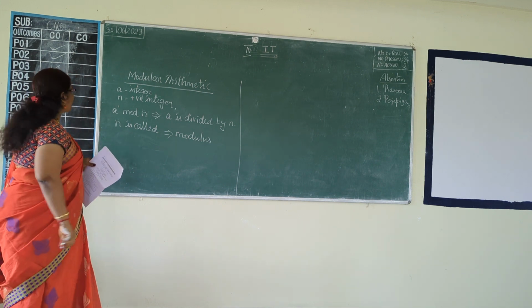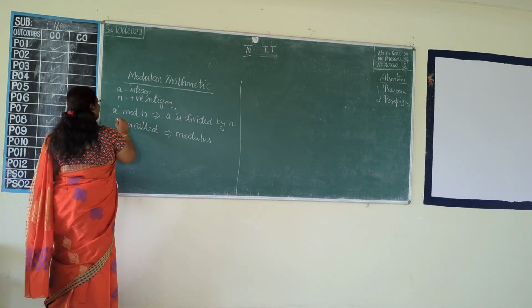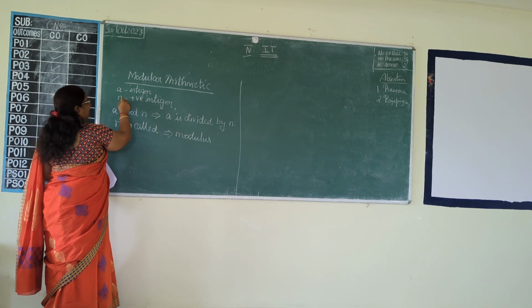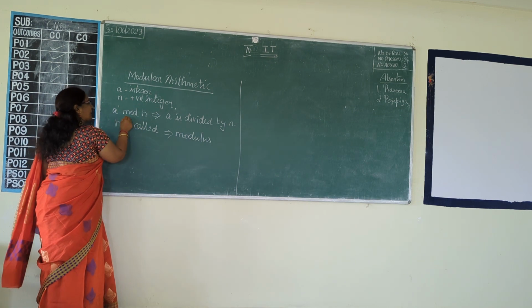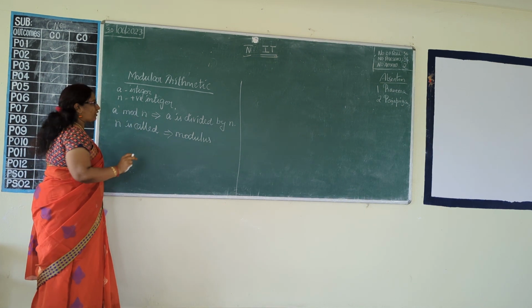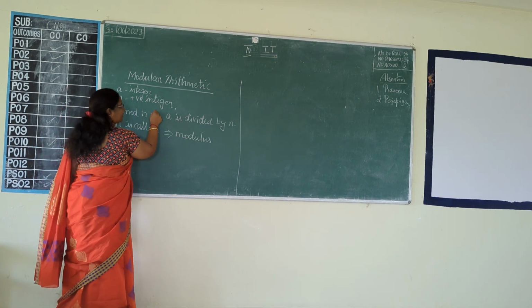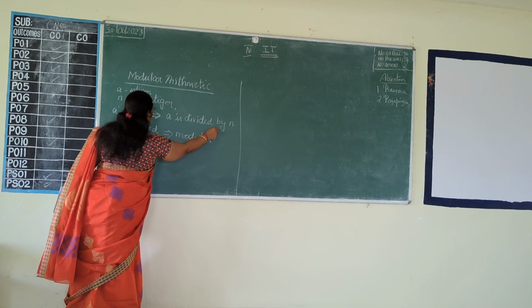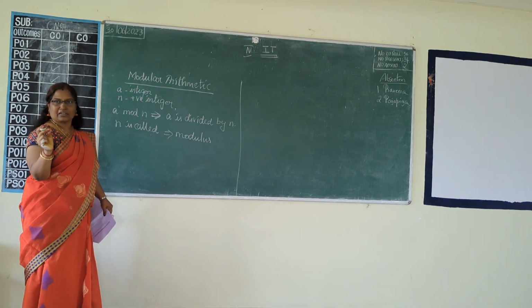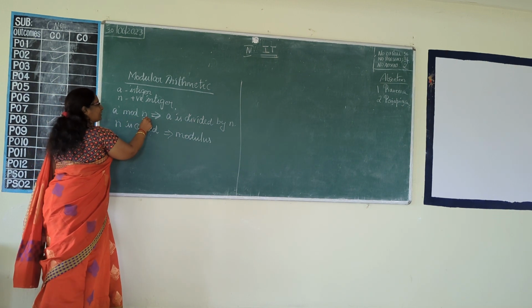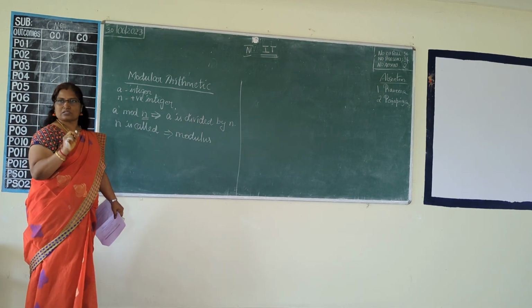I repeat again, A is any integer and n is any positive integer. So A mod n is called the remainder when A is divided by n. Here n is called the modulus. Whatever you are using as n is called the modulus.